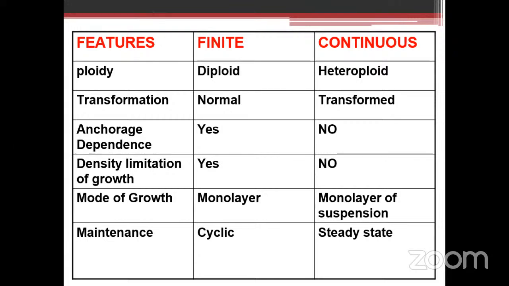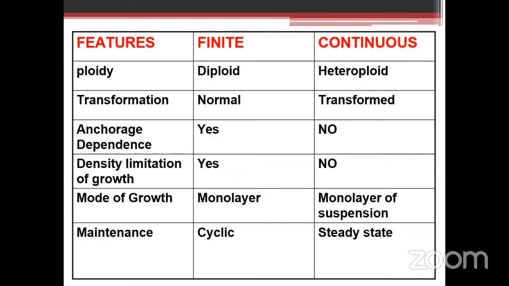So you have more DNA here in continuous. Then finite cell lines are anchorage dependent and have density limitation of growth. That means contact inhibition: whenever the density increases, this inhibits their growth. But that is not seen in continuous cell lines. They are anchorage independent, and there is no density limitation of growth.